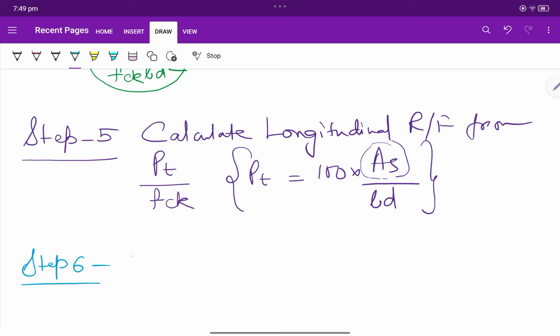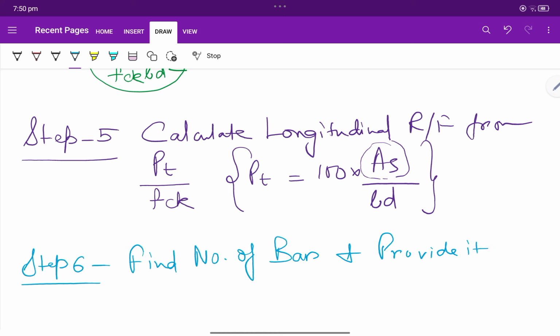We have to find the number of bars and provide it as the arrangement of reinforcement decided earlier.